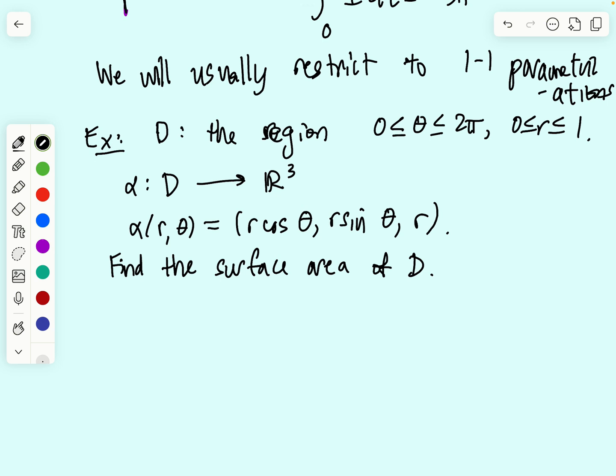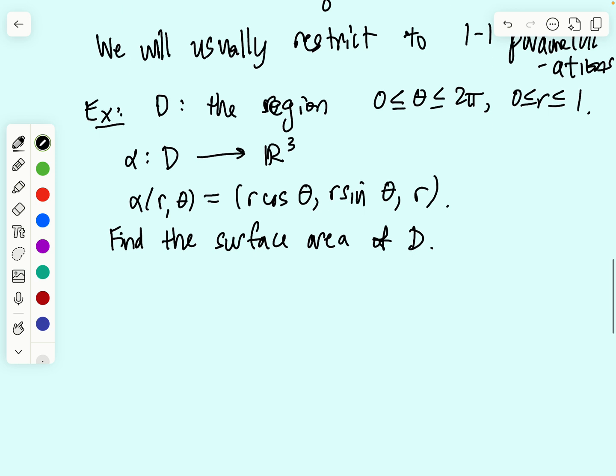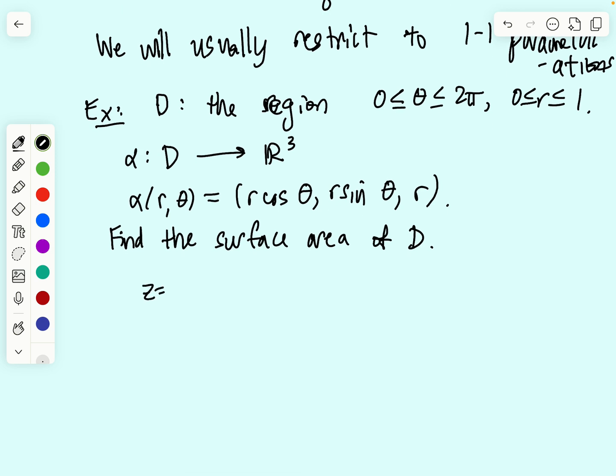Well, let's talk about what this object is. This is the surface Z equals R. Right? This is our x is r cosine theta, our y is r sine theta, but x and y are always r cosine theta and r sine theta.